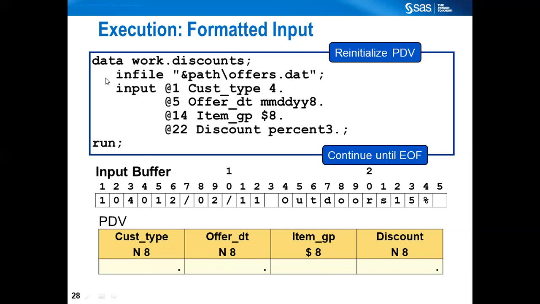And when it moves back to your data statement again, the current contents of your PDV will be written to your output dataset and your PDV will get initialized to missing. Why is it reinitializing in this data step? Because these columns are not coming from existing datasets.